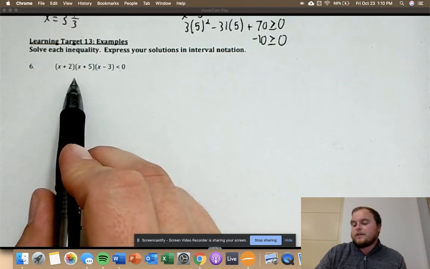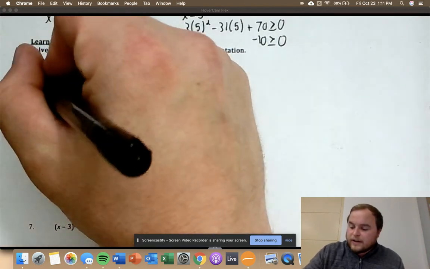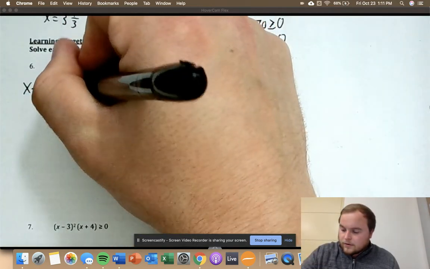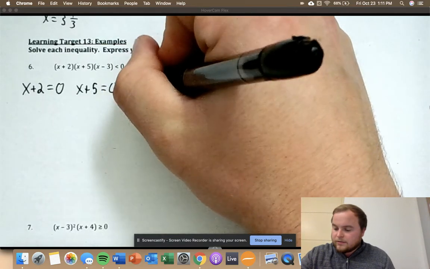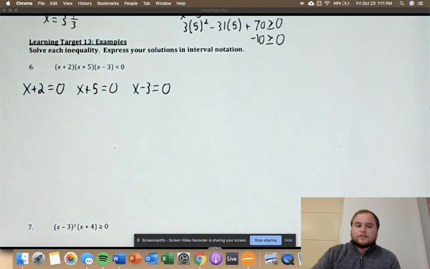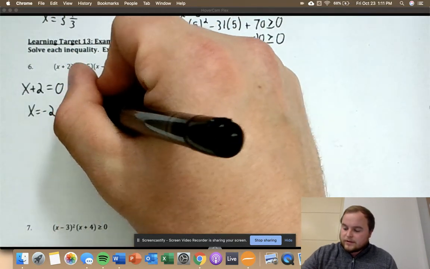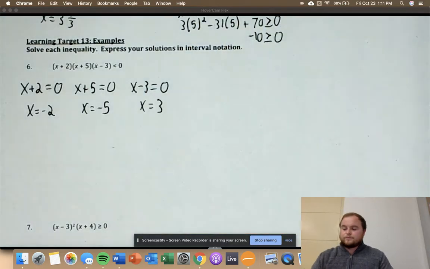Set it equal to 0, and then factor it. So all we have to do is set these factors equal to 0. And x minus 3 equals 0. And solve, right? So we get x equals -2, x equals -5, and x equals 3.